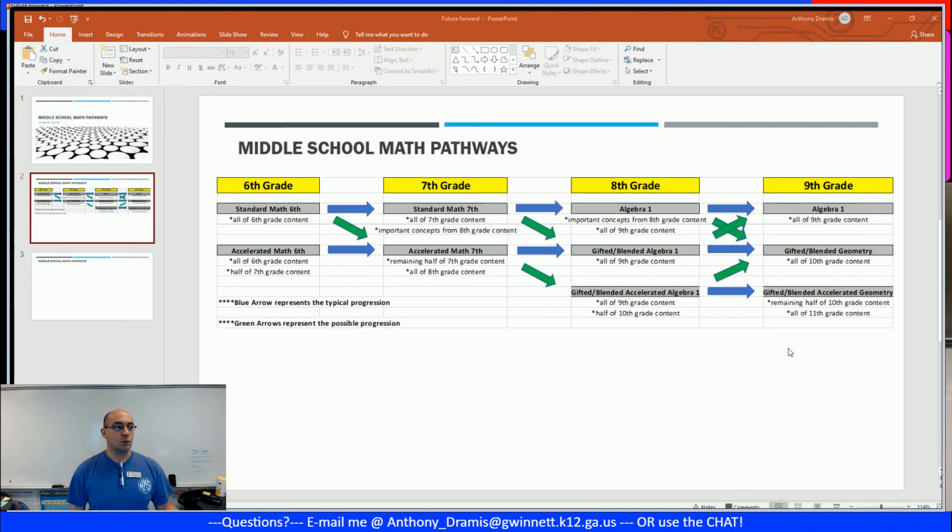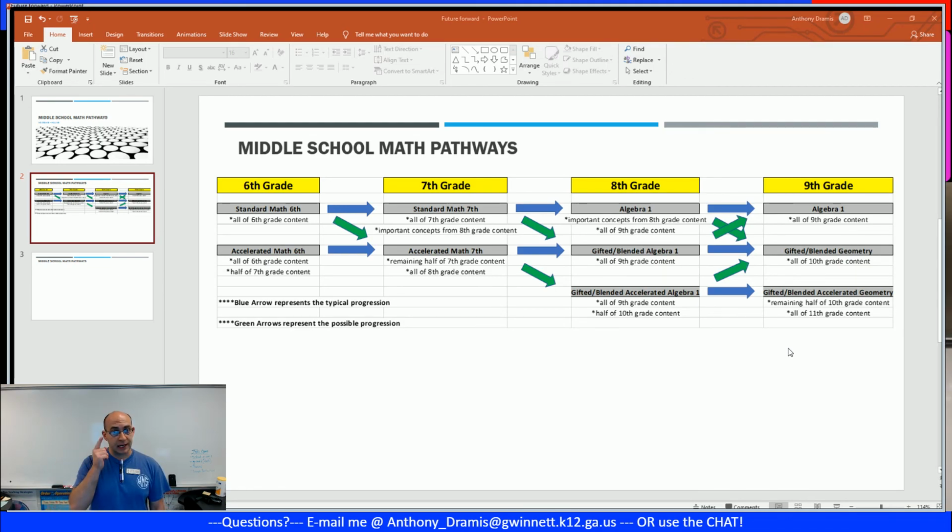Now, in the past years, students that have gotten C's in Algebra 1 in 8th grade will repeat the course in 9th grade. No, it's not a punishment. We just don't feel comfortable with a recommendation to make the child jump to geometry. We just don't feel comfortable with that because of the level that they're at.